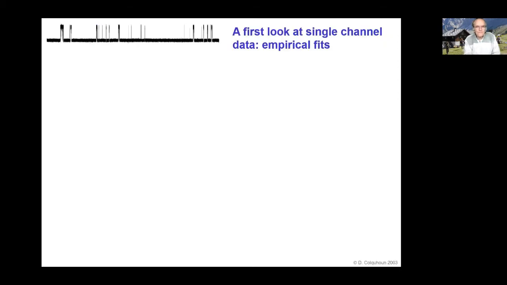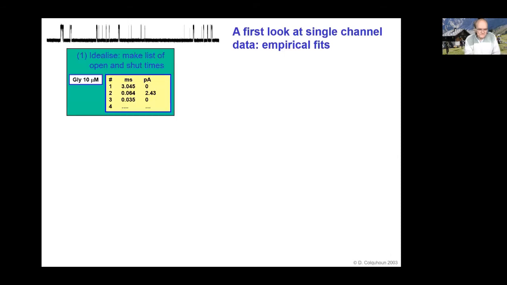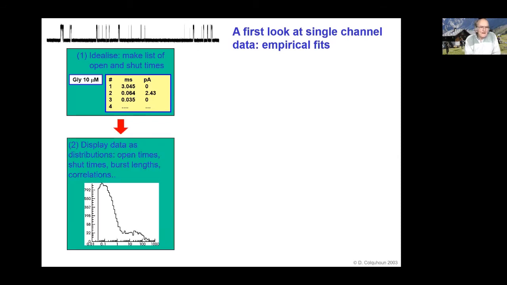So the first look at the data would be to look at empirical fits. Here's an example from a glycine receptor done at a single concentration, 10 micromolar. We can just display the distribution of durations there and fit exponentials to it in an entirely empirical way.